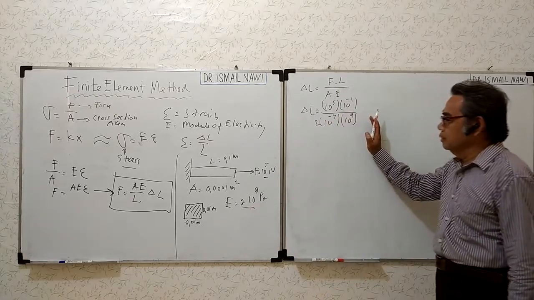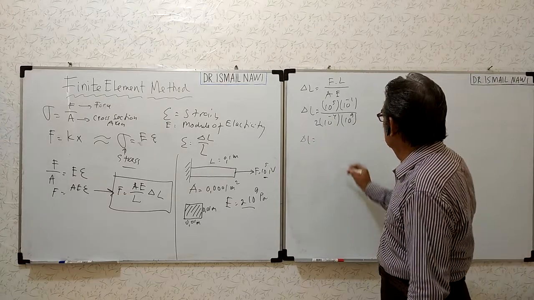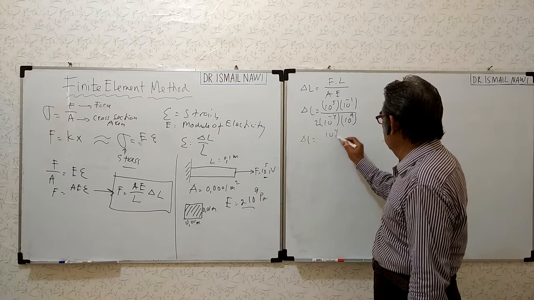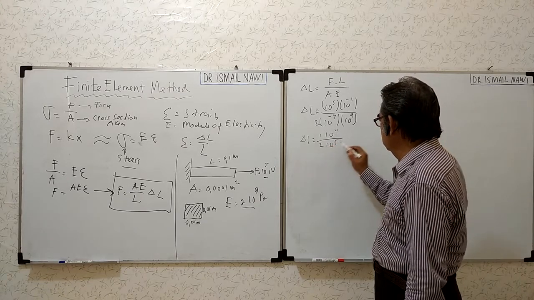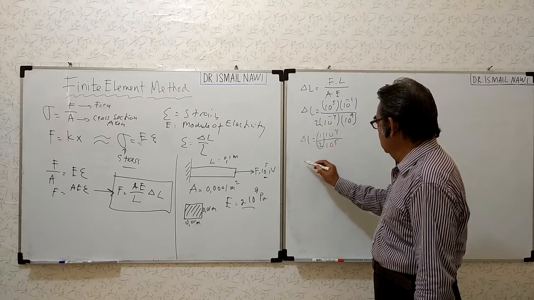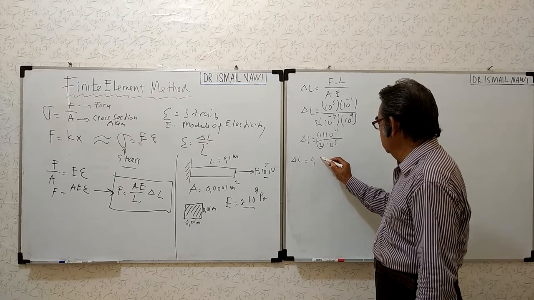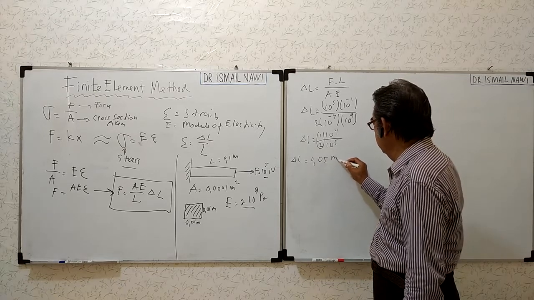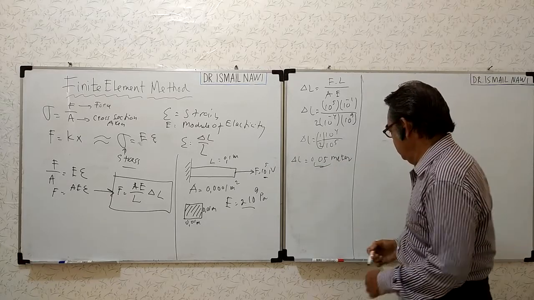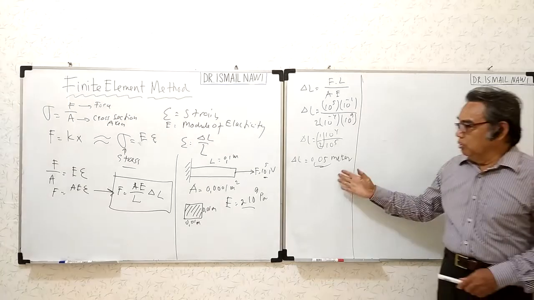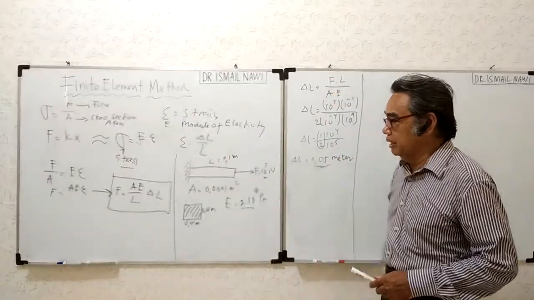Okay, so from here we see delta L is 10⁵ times 0.1 divided by 10⁻⁴ times 2 × 10⁹. It's the method to calculate this by the very basic principle of mechanical engineering or physics.